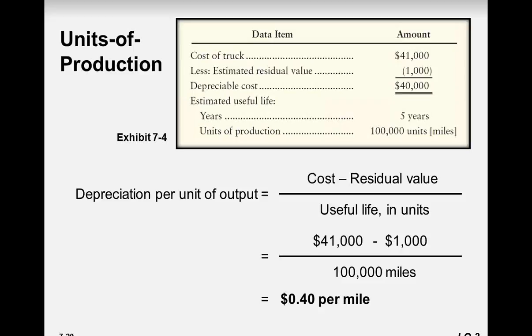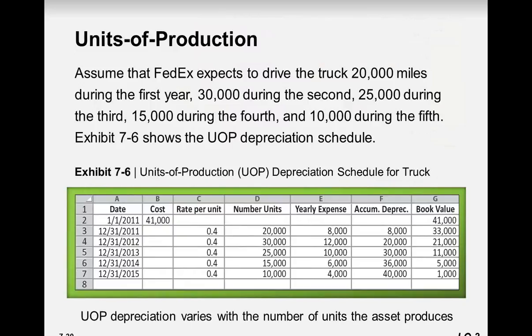So we get 40 cents a mile. So if in year 1 I drove it 10,000 miles, then it would be 10,000 times 40 cents, once we have the unit rate.